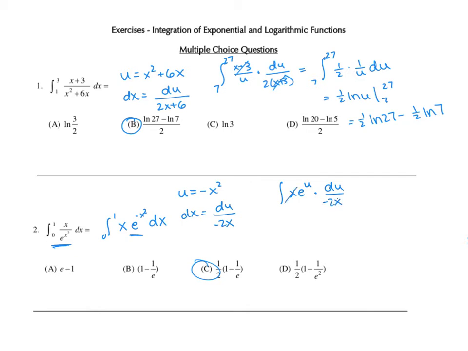We can see those x's cancel, so I'm going to have a negative 1/2 times e to the u du. The limits were 0 to 1, so if I plug 0 into negative x squared, I get 0. And if I plug 1 into negative x squared, I get negative 1. So to flip those, 0, negative 1, remember we just changed the sign, so it'll be negative 1 to 0.